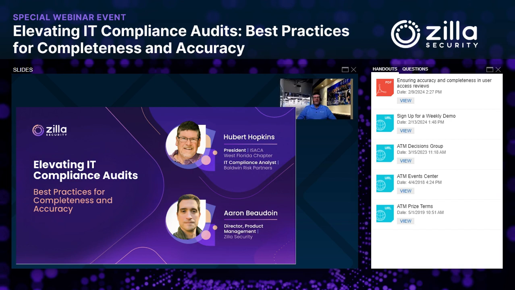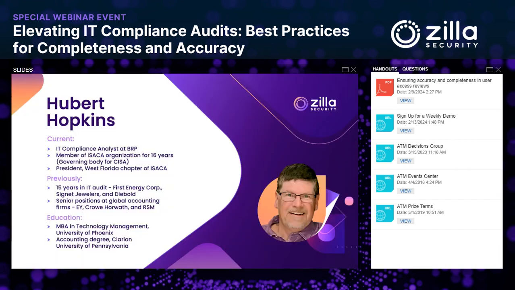Good morning, Aaron. Pleasure being here. Hubert Hopkins, Baldwin Risk Partners. Current role, IT Compliance Analyst for them. I've been with the organization going on 2 years now. Prior to that, I have 15 years of IT audit experience, including senior internal audit positions at some publicly traded companies, First Energy, Signet Corp, and Diebold.